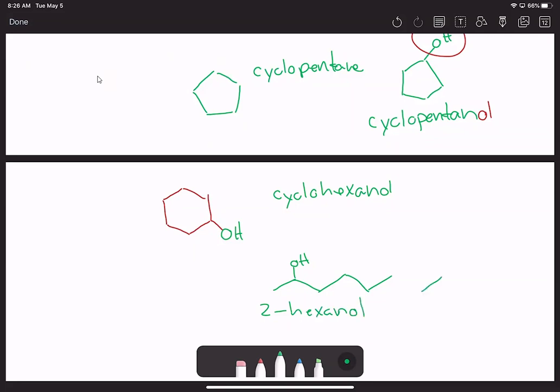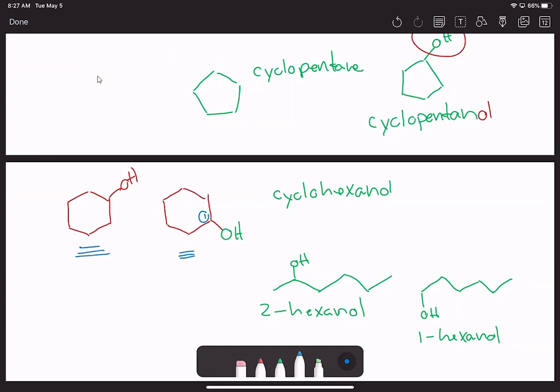Now, if I were to draw it like this and put my alcohol group here, then this is 1-hexanol. And you'll notice here, it doesn't really matter if I change the location, in this structure here, this is carbon number 1 where the functional group is at.